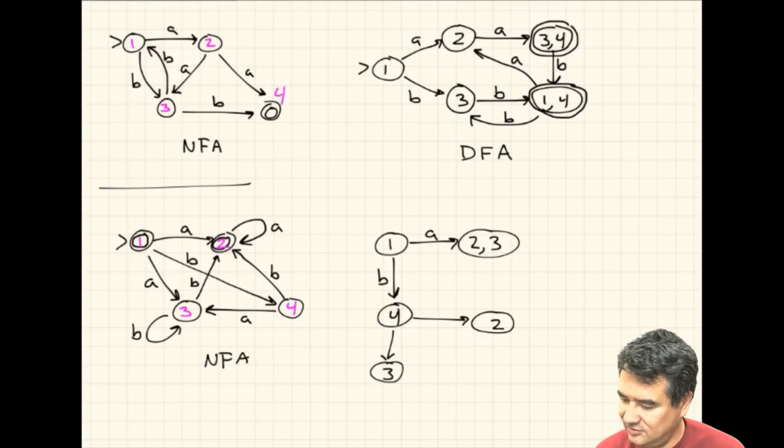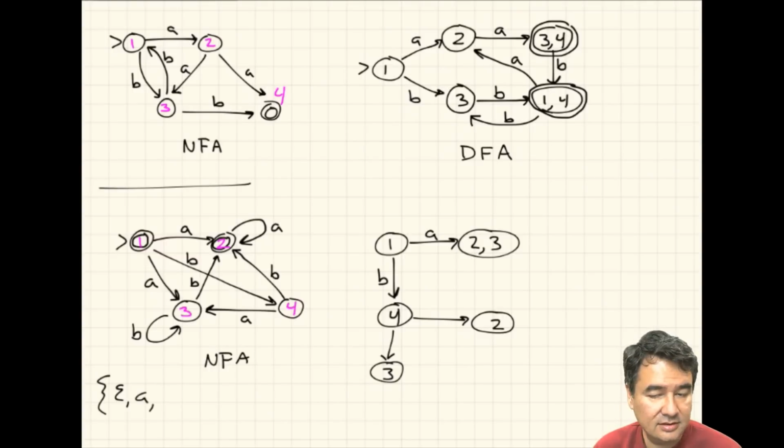So if I write this down over here, the empty string epsilon is one of the strings that this accepts. And then there are others like just A and AB. Is it A, B, B, B, B? Yeah.